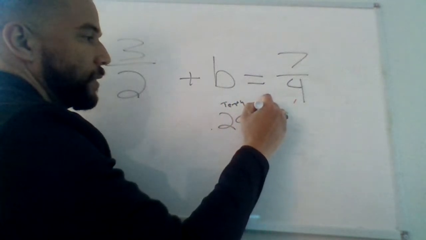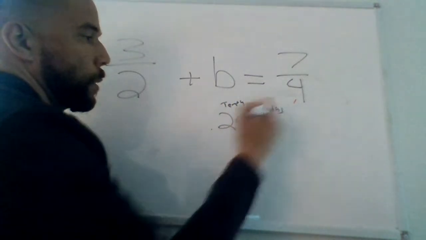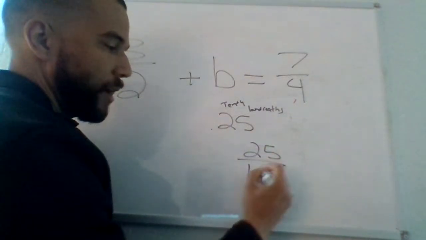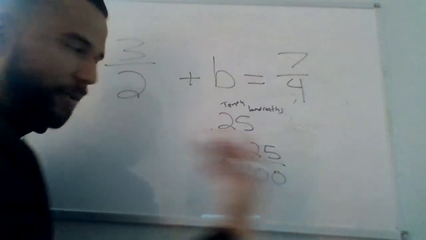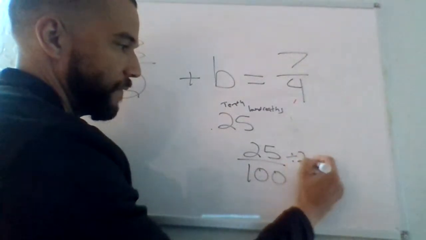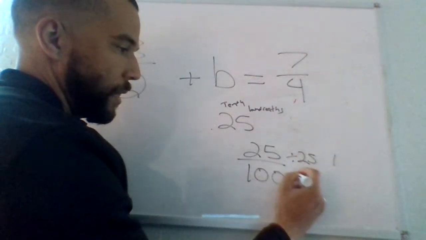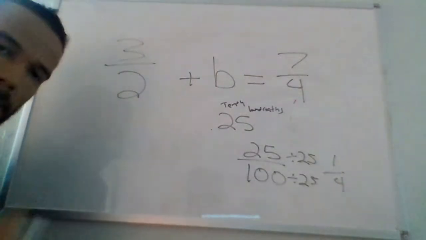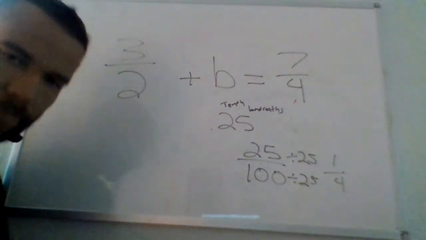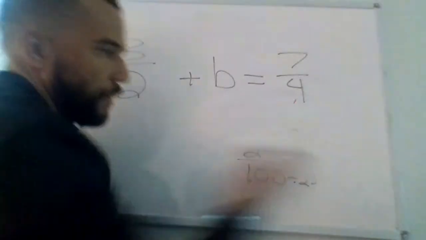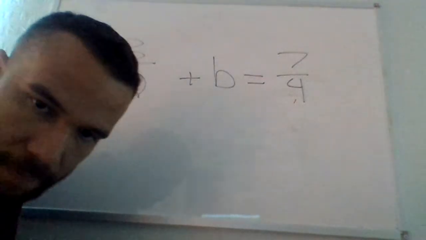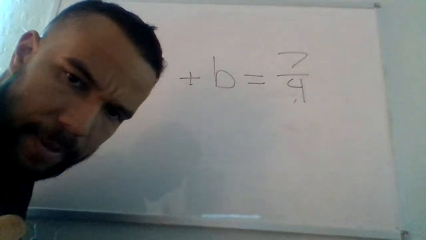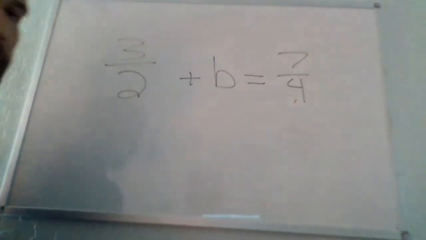This is the hundredths place. So this is 25 out of 100. Right? So if I were to simplify this by dividing by 25, I would get 1. Divide by 25, I would get 4. 1/4. Okay. And again, let's move on.